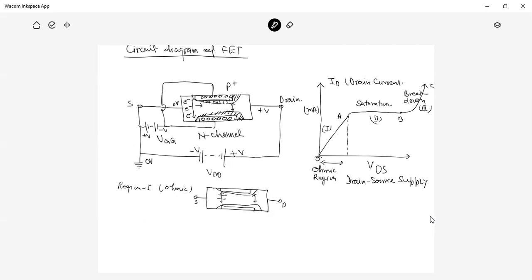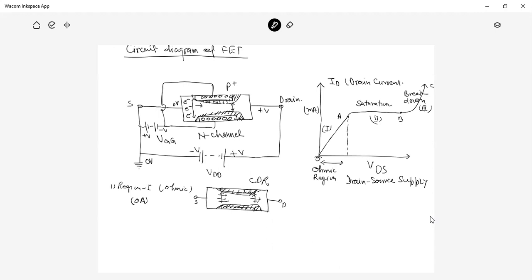These are the restriction areas, that is CDR, charge depletion region. But the number of electrons from the source are coming out to the drain, and therefore it behaves like a straight line from O to A, complete passage of electrons from the channel.